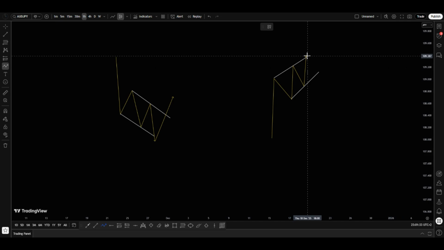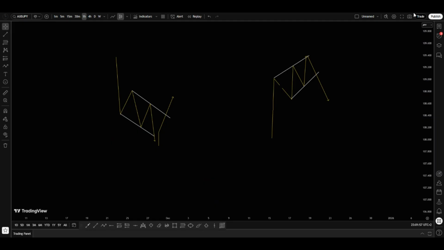Okay guys, for you so you can see it from here all the way to here. I have identified our bearish reversal inside this triangle.